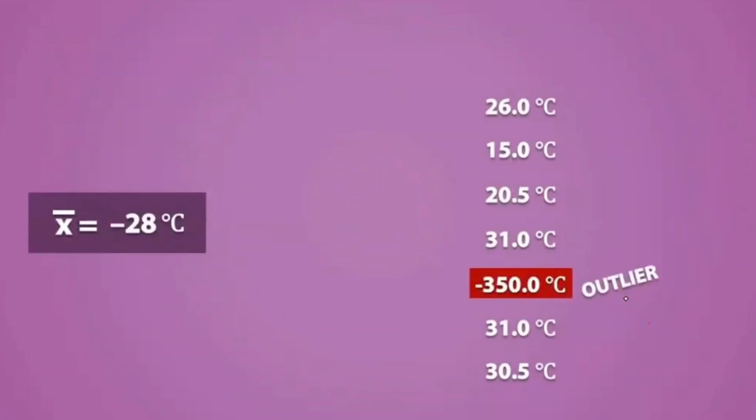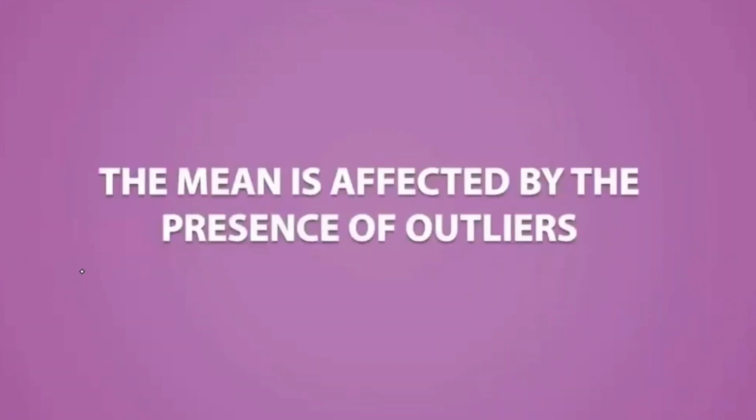Due to the presence of the outlier, the mean is getting deviated. If the mean is deviated, automatically the variance and standard deviation will also be deviated. All the statistical analysis will be disturbed. That is the reason we have to treat outliers correctly.